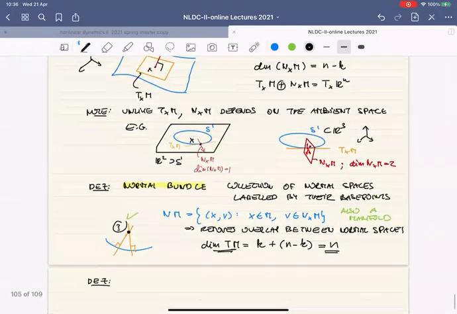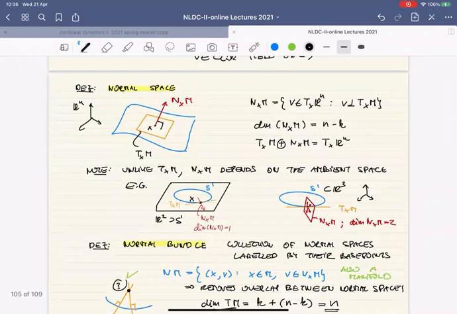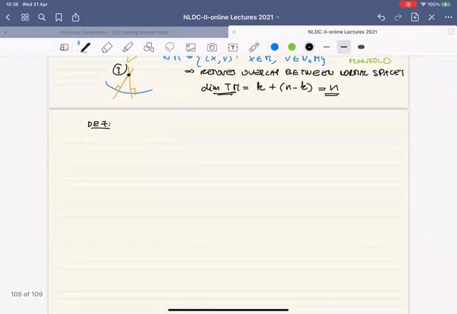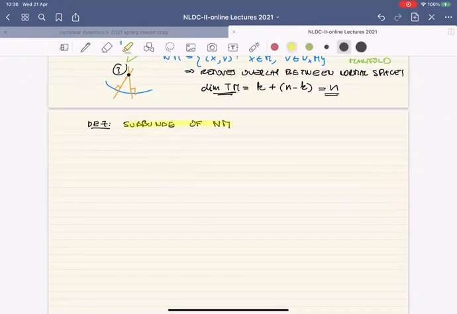And the last object I want to define would be more of a generalization, which we also need, of the bundle concept for M. So that would be just a general subbundle of the normal bundle. Because the normal bundle, again, at each point you have a normal space.